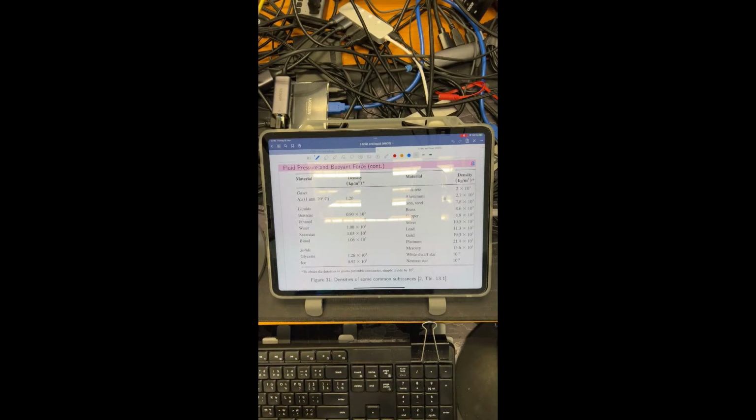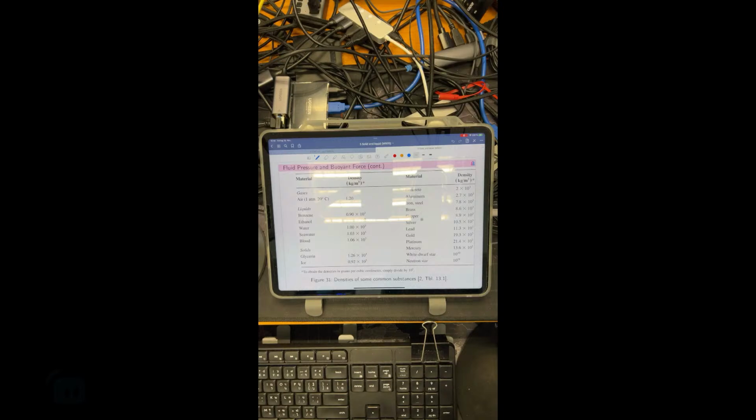And aluminum is 0.7, okay, a little bit heavier than concrete. And iron or steel is almost 10,000. Brass is also almost 10,000. Copper too.